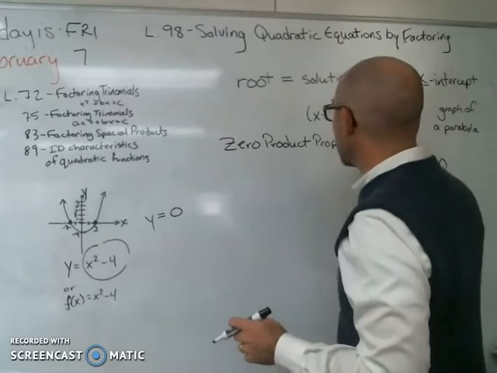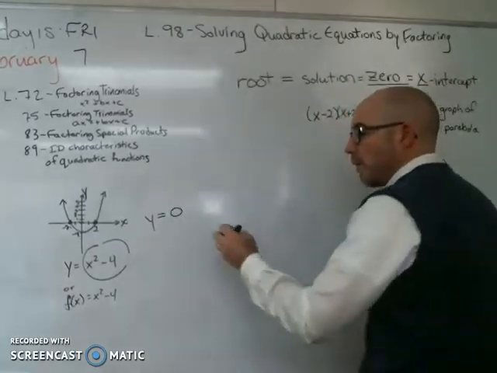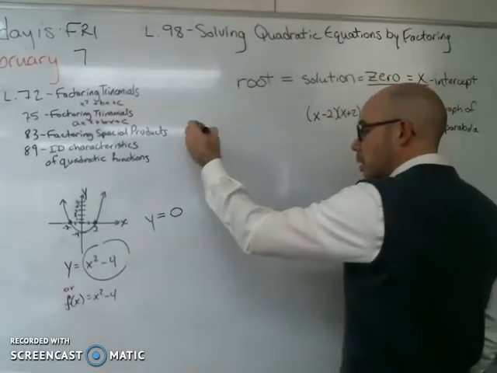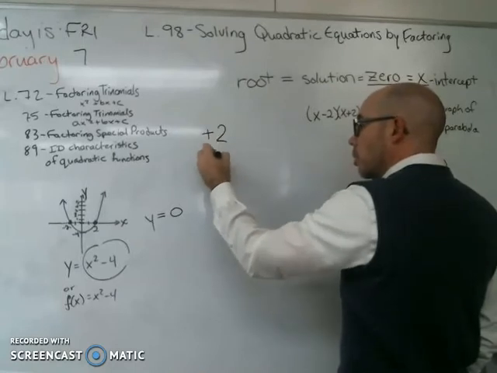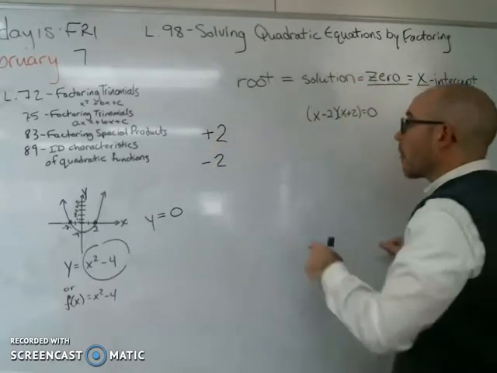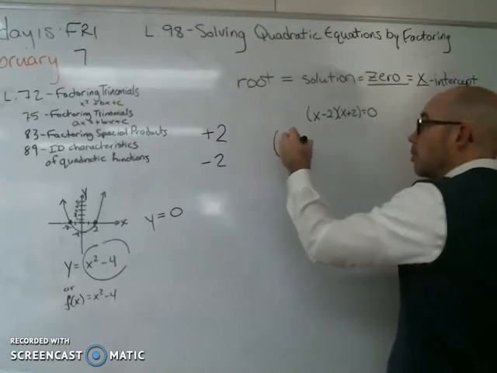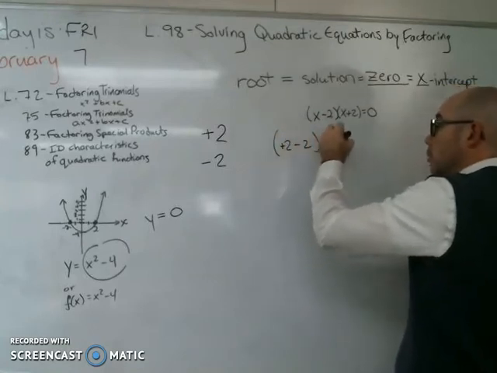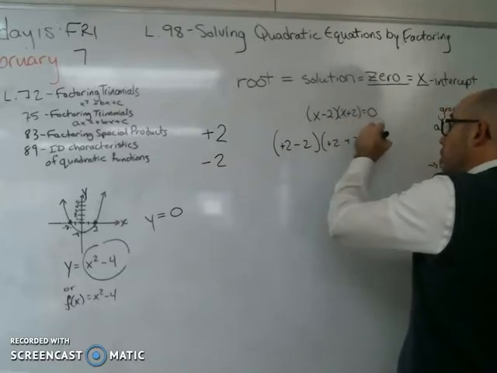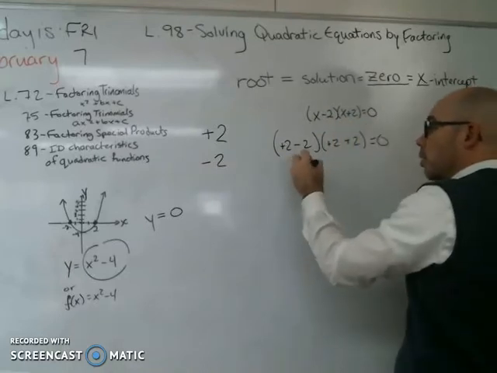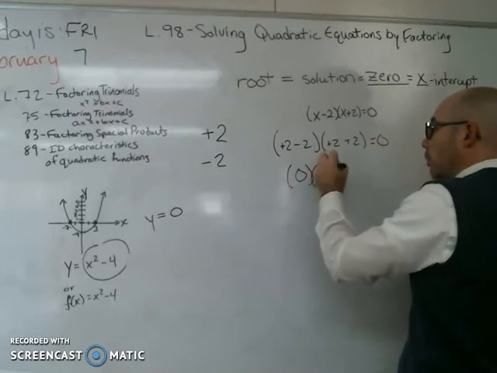Let me demonstrate with this right here. We found out that the answers to that equation were either plus 2 or minus 2. If we take this right here and we plug in a plus 2 for x, we will get 0 and 4.